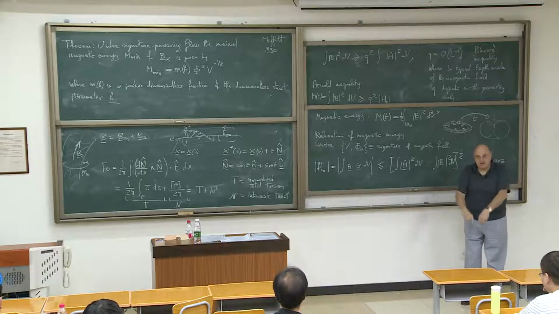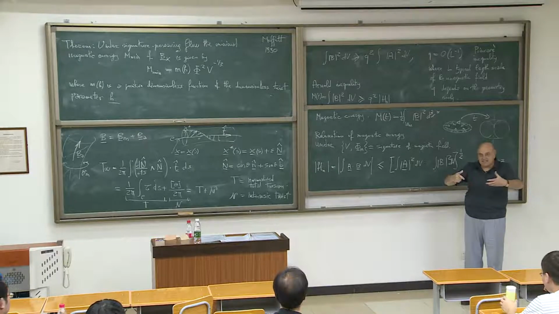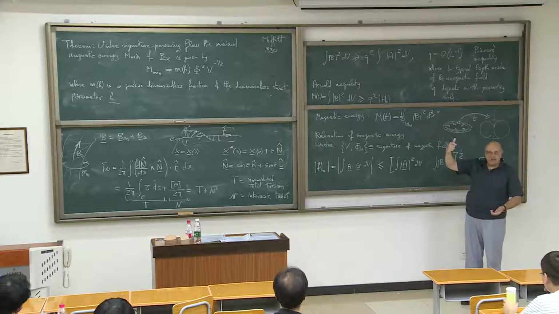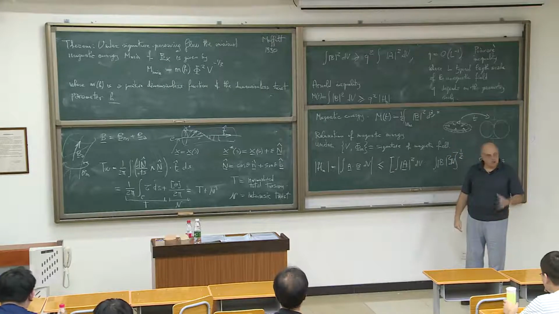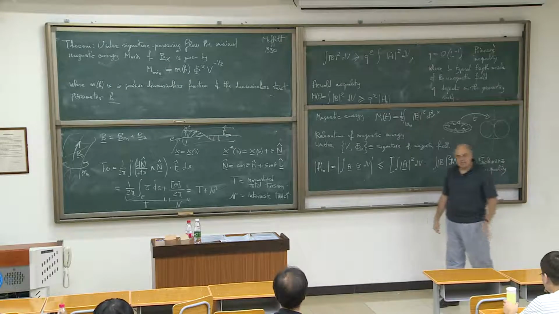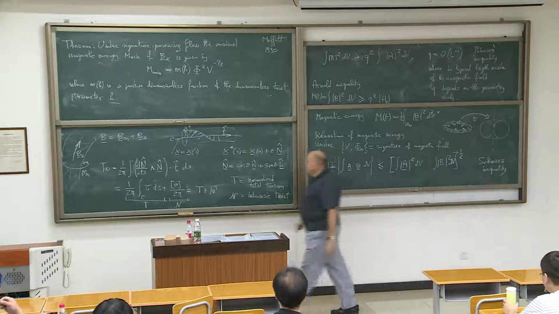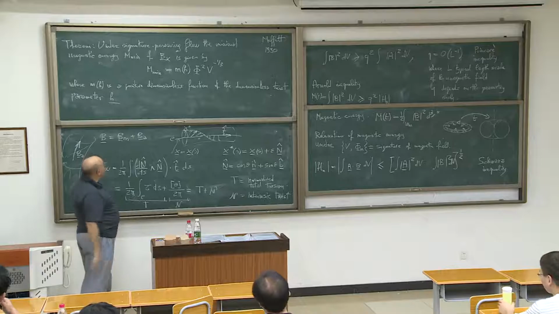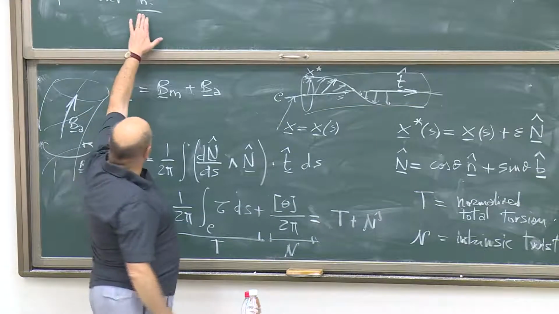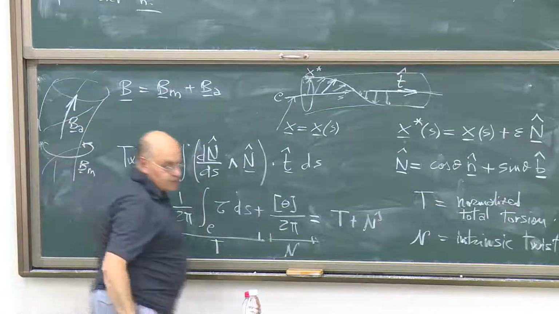DNA supercoils, because it relaxes high tension torsional energy into bending energy. We will talk about that tomorrow. It is a key feature of continuous deformation of systems. Anyway, so this H is related to the ratio of these two quantities.